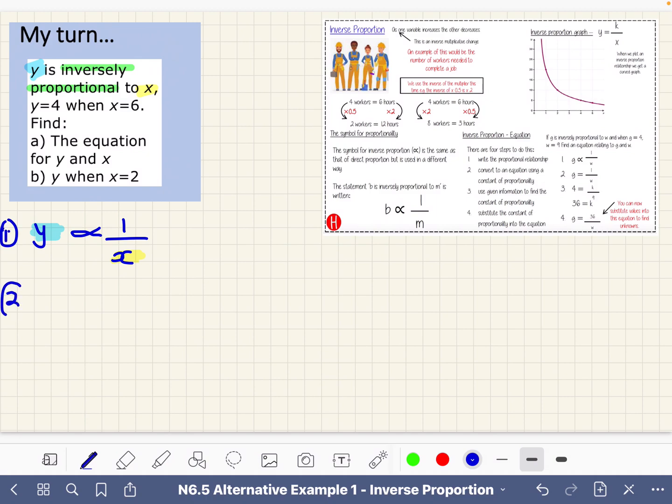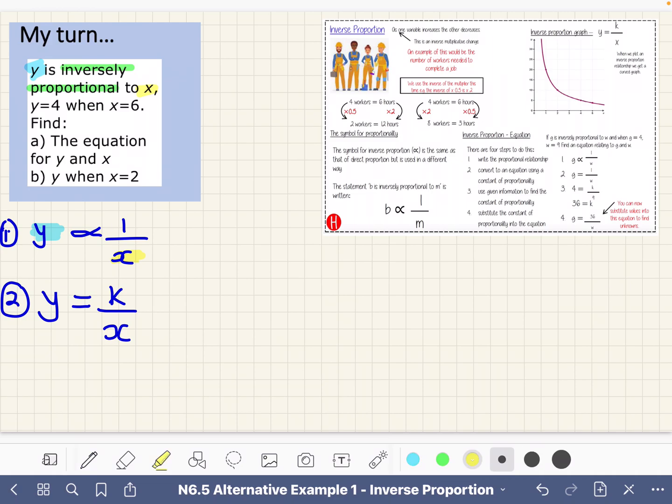Our second step is to show this using a K value instead of the symbol. We are keeping the Y, introducing an equals K, the fraction is still there, and now X is underneath.